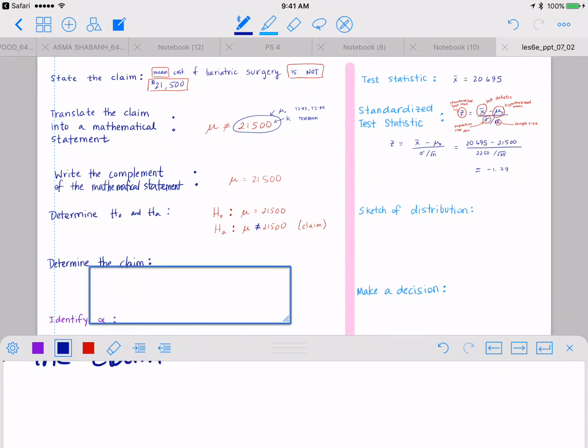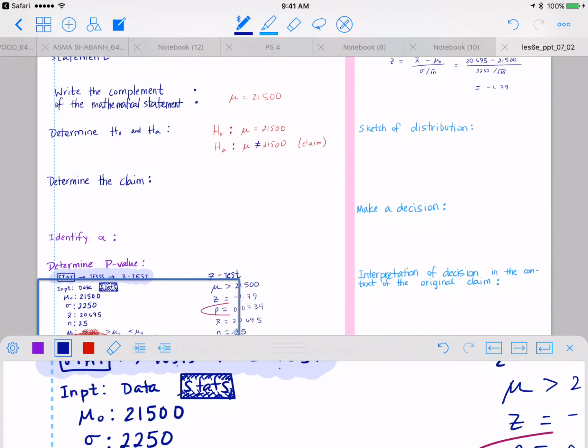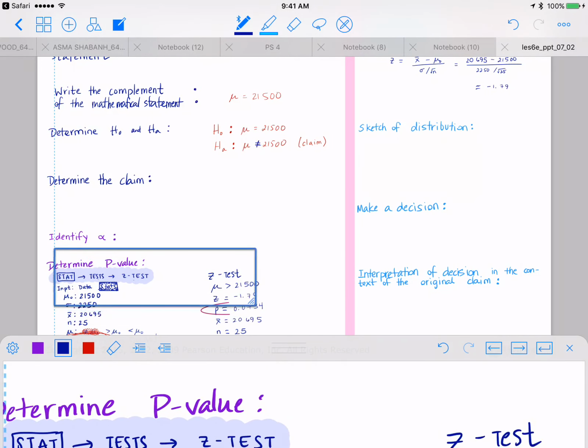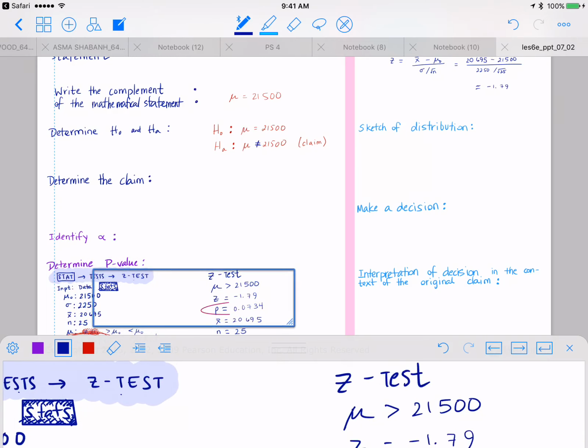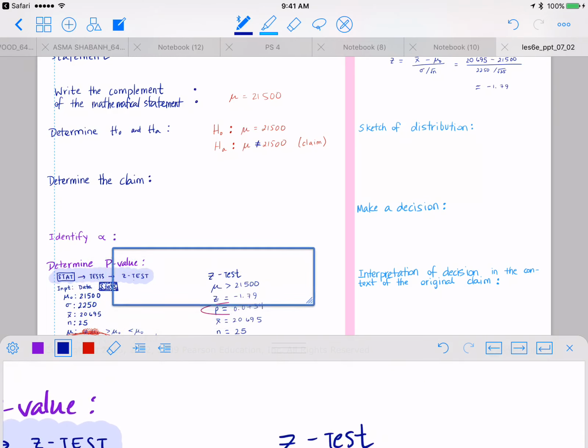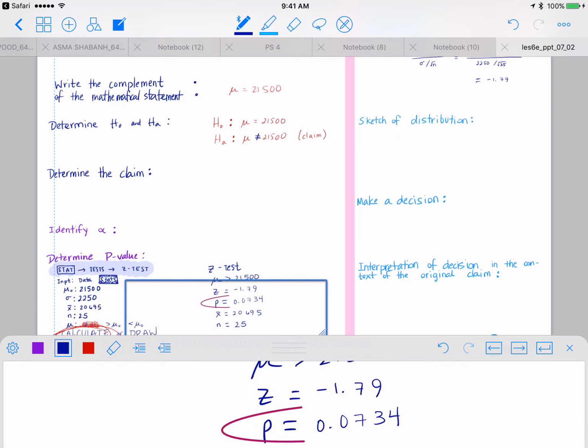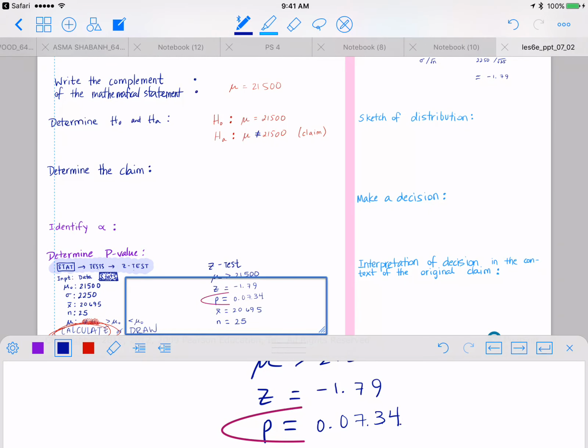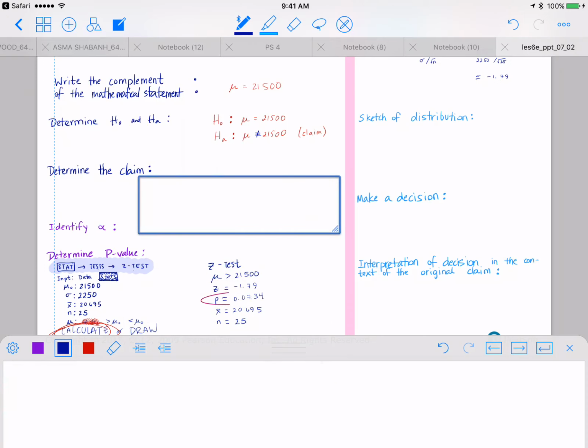And because our p-value is 0.0734, that means the area in the tails adds up to 0.0734, right? It's equal to the area in the left tail plus the area in the right tail, okay?